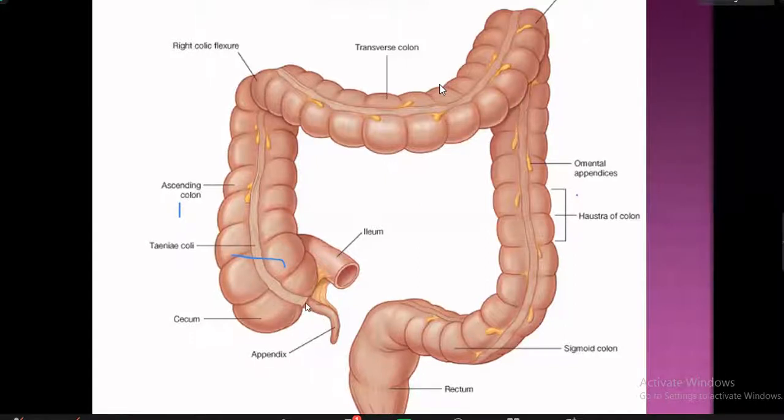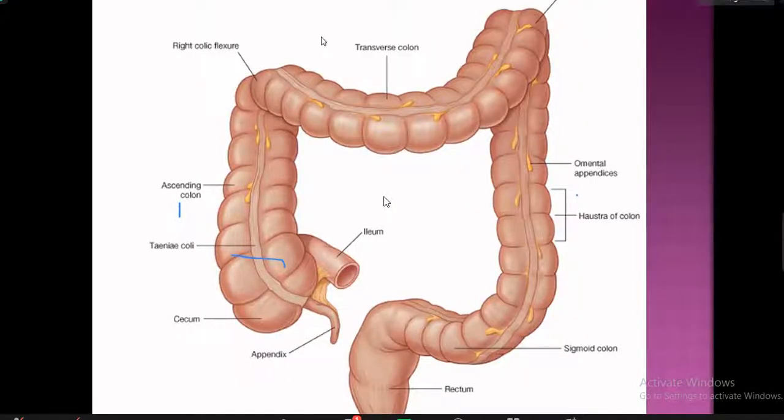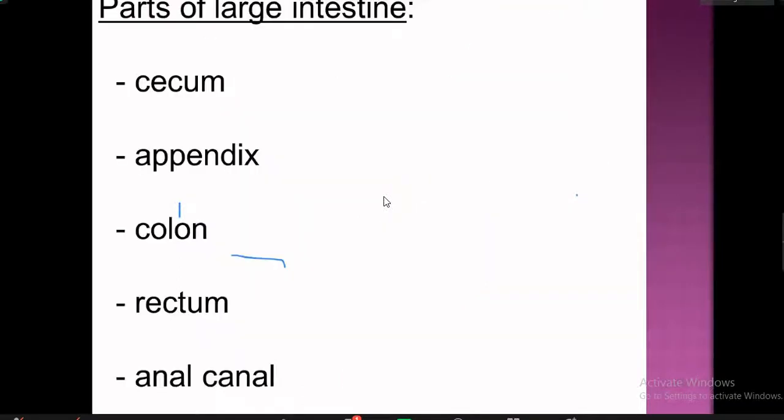Now you should know that the appendix is found at the inferior portion of the cecum, at that portion where the three tinea coli meet; that is where the base of the appendix arises. It's a blind ending tube which does not play much function in digestion. So even if they do appendicectomy and remove the appendix, it will not affect your function. Okay, it will not affect your performance or function. Obviously, unless they made mistakes during the surgery and have complications of the surgery.